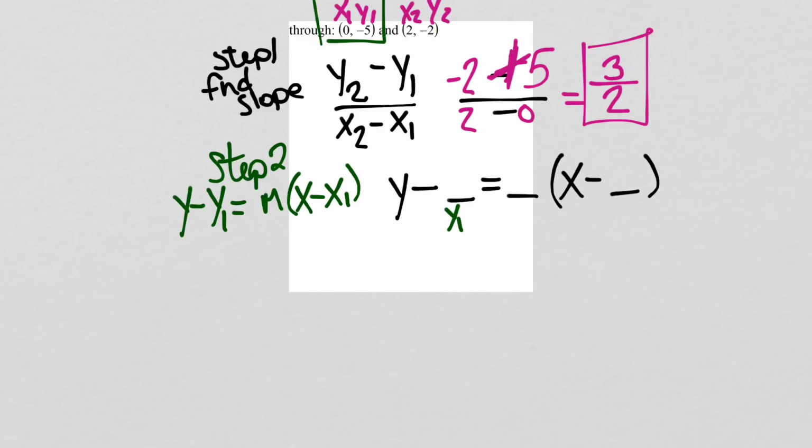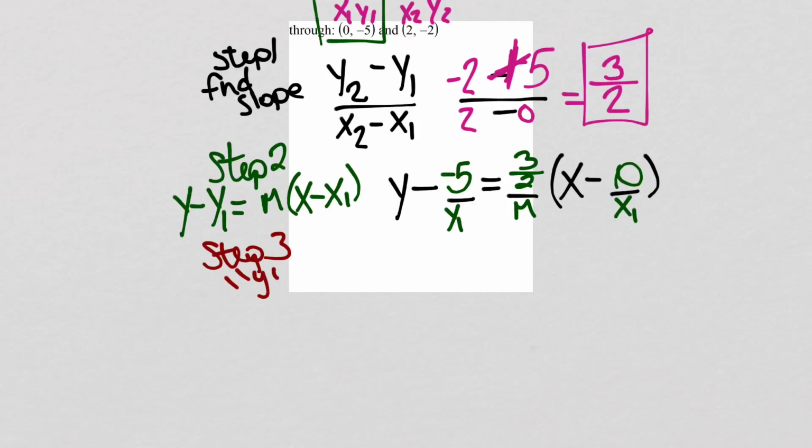So y1 goes here, m here, and x1 there. And then all I have to do is fill it in. My y1 is a negative 5. My m is a 3 over 2. And my x1 is a 0. That is step 2.